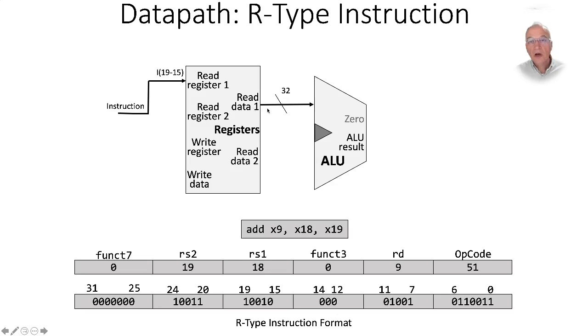This causes the 32 bits of the specified register to come out. In this example, this is RS1, I am specifying register 18. Then I'll take bits 20 to 24 of the instruction code, and use that to specify to the register file the value of the second register port. So in this case, I'll take the content from register 19 and put it in the second port.